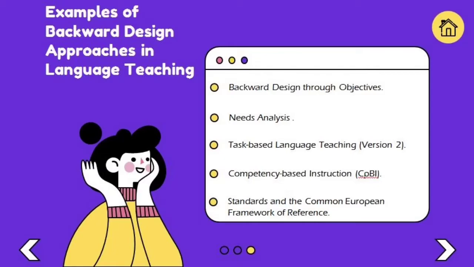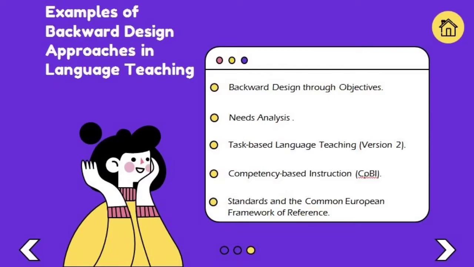An objective-based approach reflects the essential assumption of backward design. As Tyler put it, objectives become the criteria by which materials are selected, content is outlined, instructional procedures are developed, and tests and examinations are prepared.